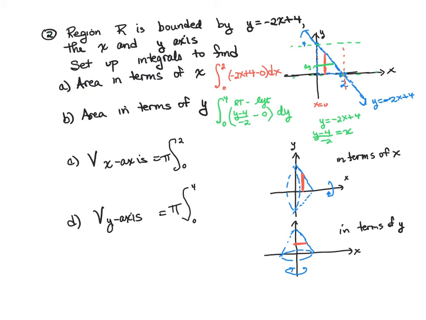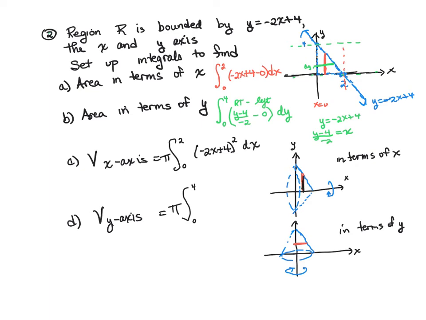So the radius of this disk, this is the height of that red rectangle, and that's just the function negative 2x plus 4 minus 0, squared.